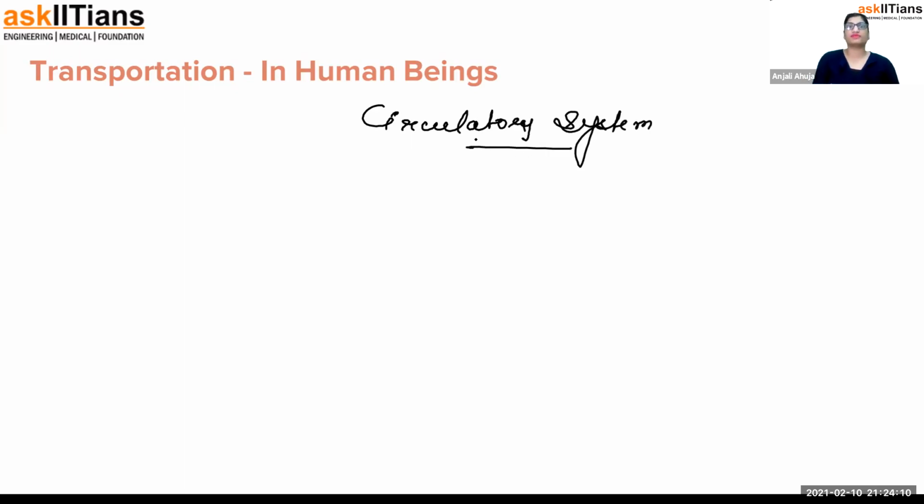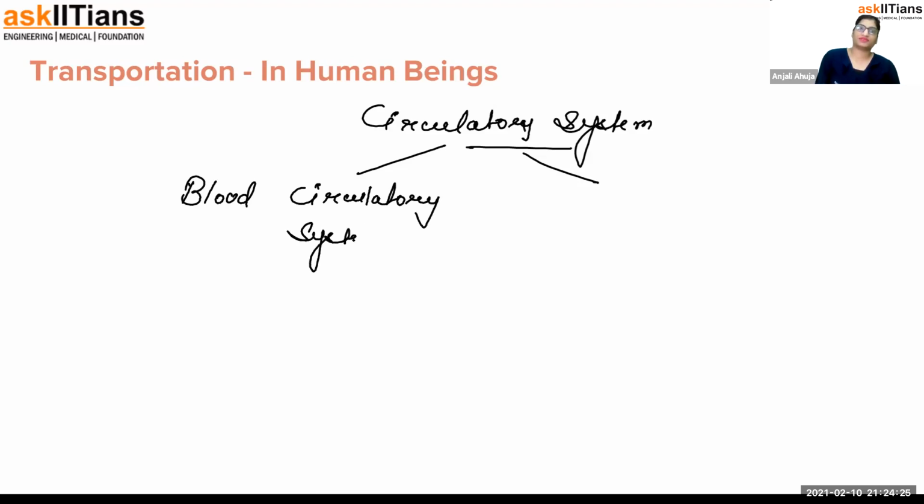So there are two types of circulatory system, or you may say vascular system: the blood circulatory system and the lymphatic circulatory system, or you may say the lymphatic system.